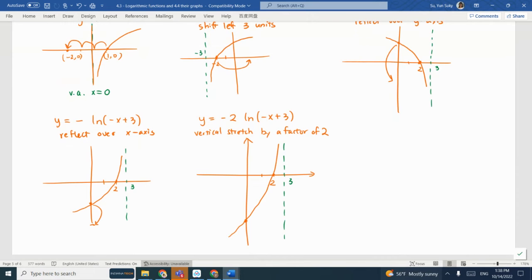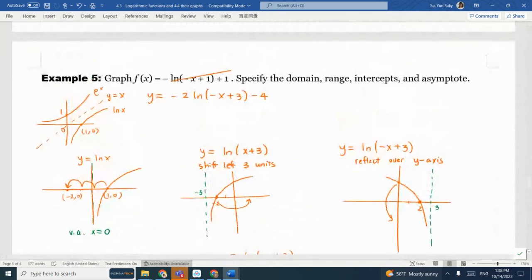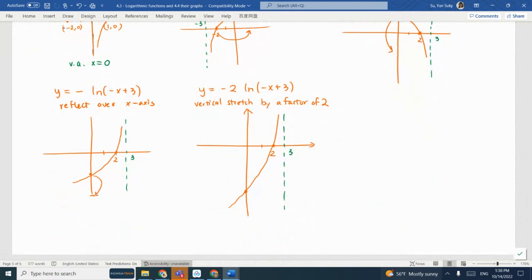And at the end, what do we do? Move up or down, and what are we doing? Move down 4 units. Very good. So minus 2 ln of negative x plus 3, move down, so shift down 4 units. Okay, shift down.